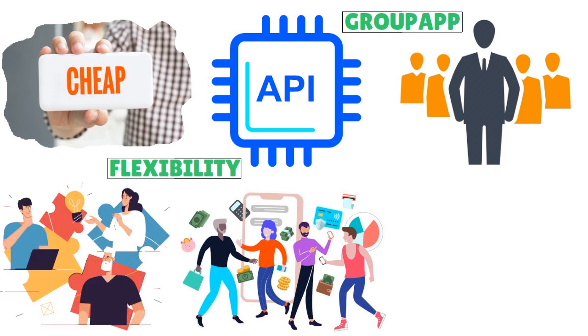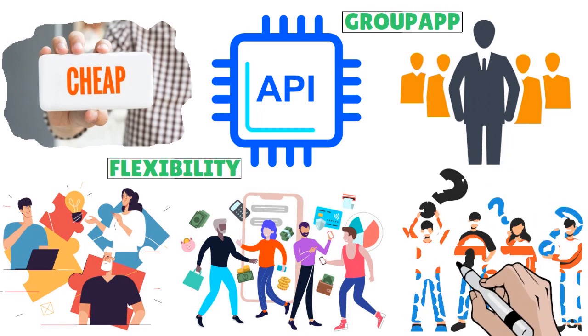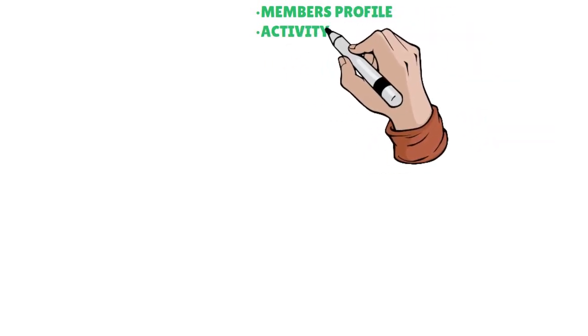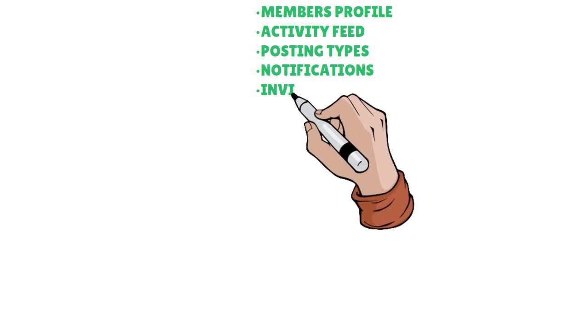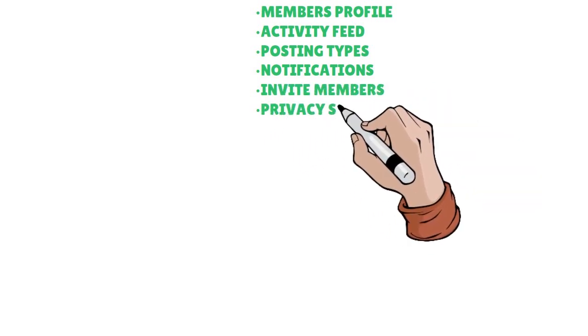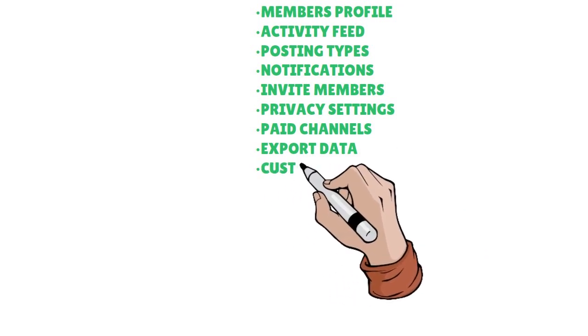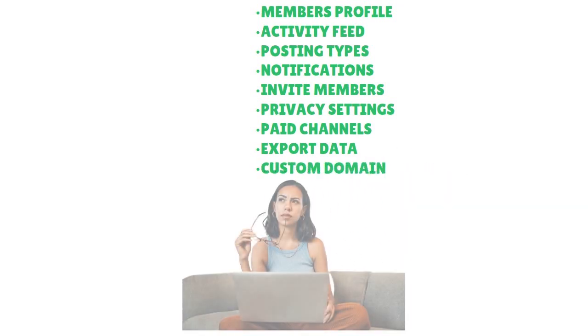So before you switch from Hivebrite to another app or software tool, ask yourself, what are your needs in terms of member profiles, activity feed, posting types, notifications, member invitation, privacy settings, paid channels, content monetization, data export, and custom domains. Those are things to really think about before you make a final decision anyway.